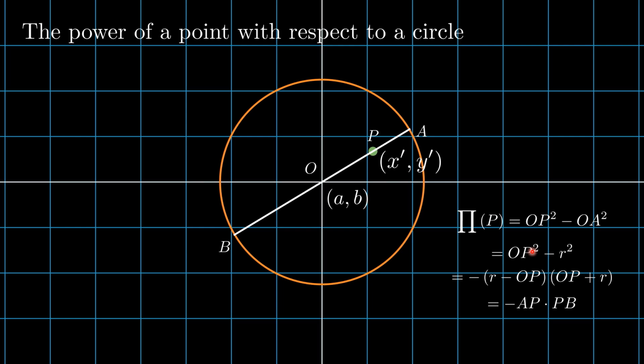And so we have a couple of things. When the point is outside the circle, it's a positive power. If the point is on the circumference, the power is 0. And if the point now moves inside the circle, we see that the power of that point relative to the circle becomes negative.